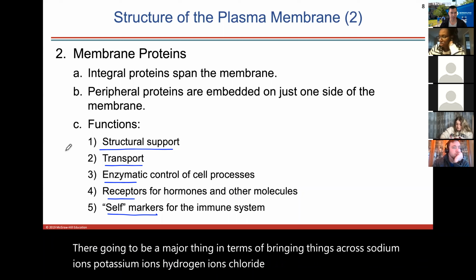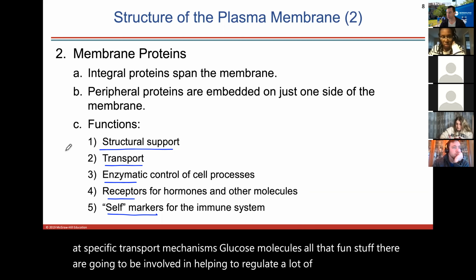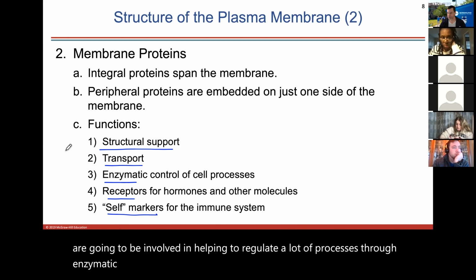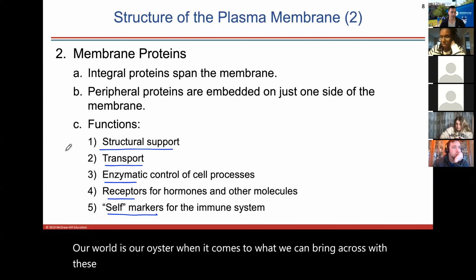We're going to be looking at specific transport mechanisms, glucose molecules, all that fun stuff. They're going to be involved in helping to regulate a lot of processes through enzymatic control, bringing certain things across. Neurotransmitters. Our world is our oyster when it comes to what we can bring across with these proteins that are found within the plasma membrane.